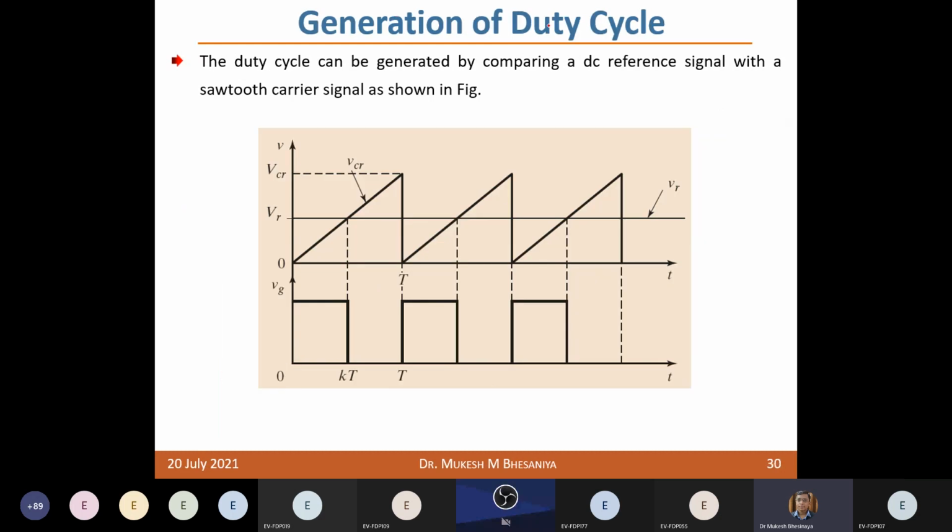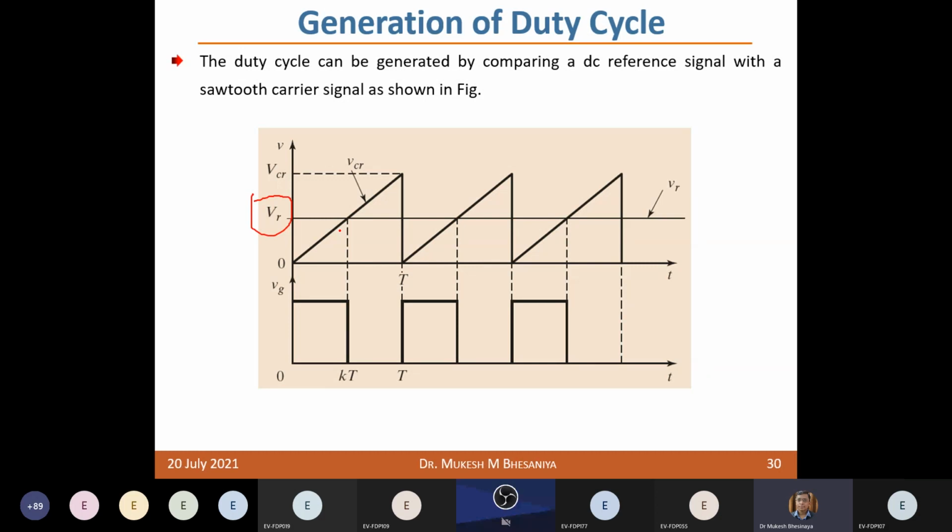Okay. Now when you have to generate the duty cycle for the DC-DC converter, then for the generation of a duty cycle or on period, generally what we do is we have a reference signal. Like say you have a DC motor, you want to run that motor at a specific speed.